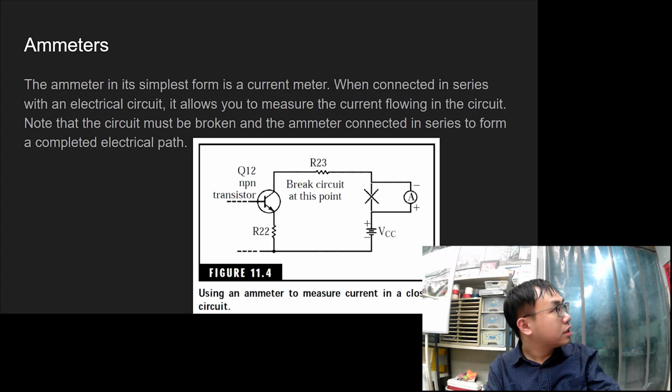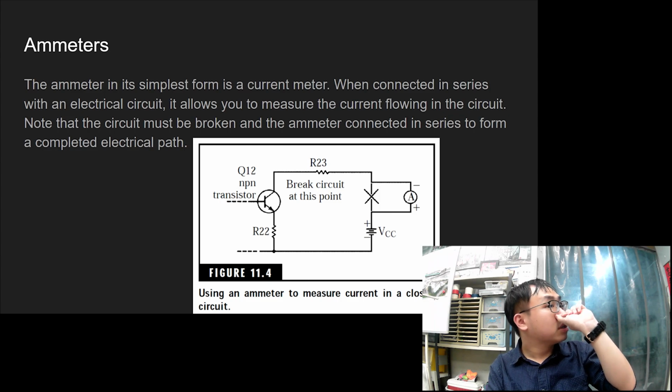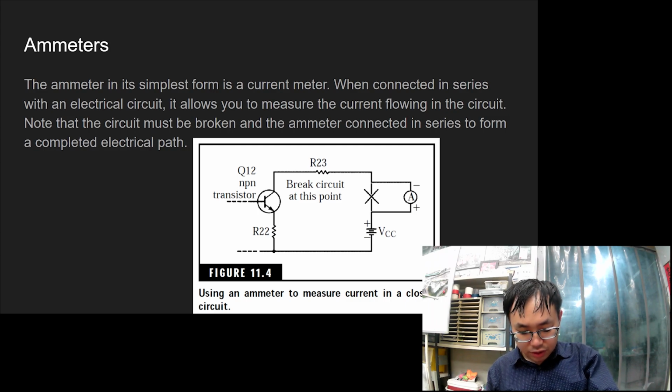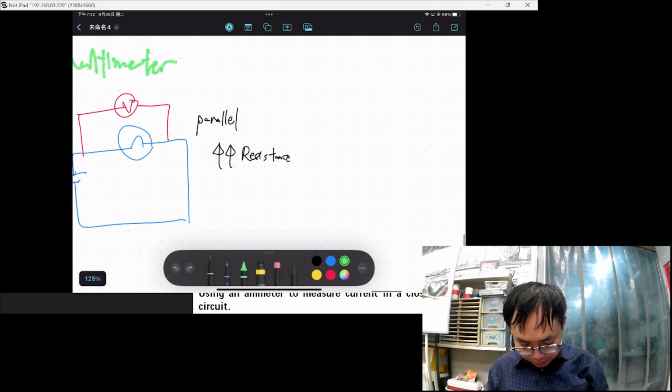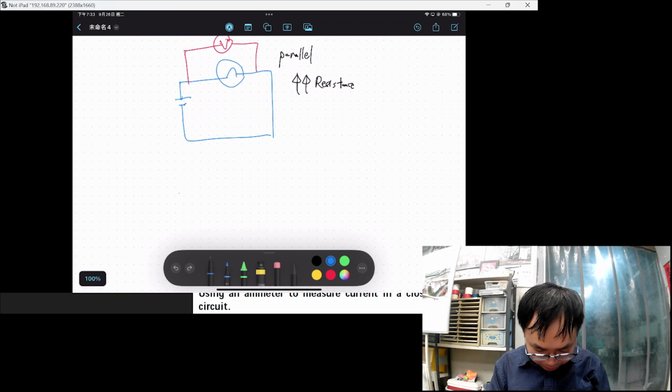And an ammeter is a current meter. Okay, so the voltmeter we put in parallel, and the ammeter we put in series. Okay, in series. So compared with the voltmeter, the ammeter should look something like this, okay? Let me put it side by side so that we can compare.